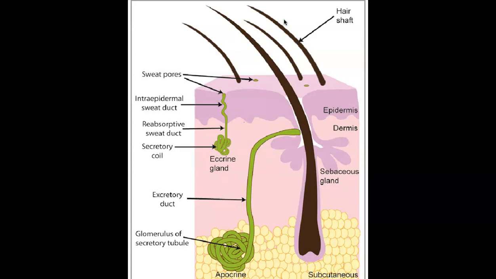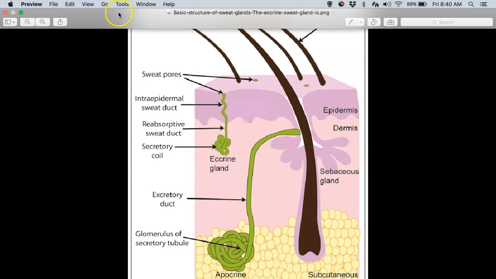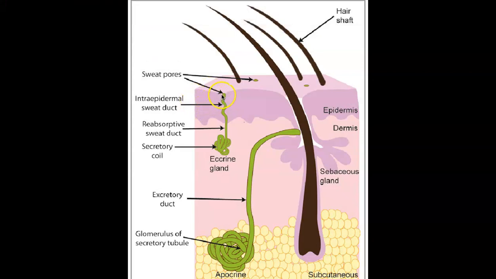Both are very similar. And here is what they share in common. They are often referred to as merocrine glands because they've got epithelial cells that are, once again, just like the hair follicle, protruding down into the dermis.